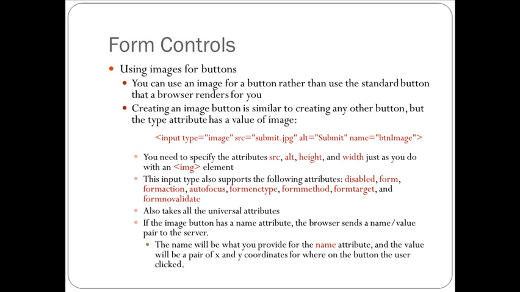If the image button has a name attribute, the browser sends a name value pair. The name that you provide for the name attribute and the value will be the pair of XY coordinates for where the button was when the user actually clicked it.